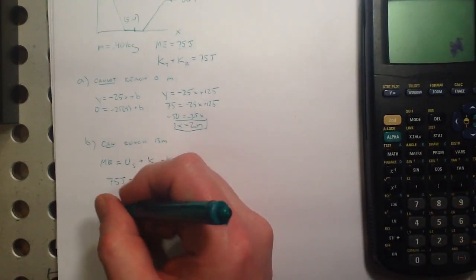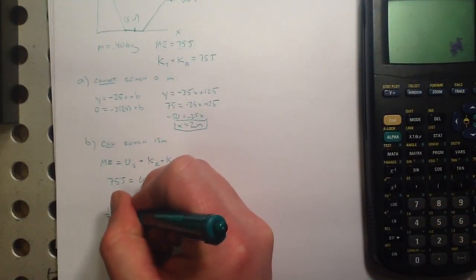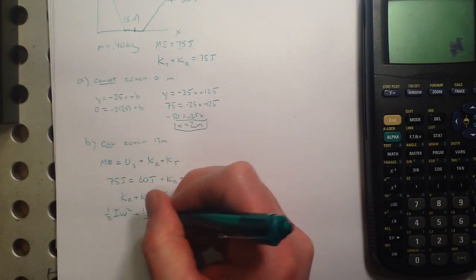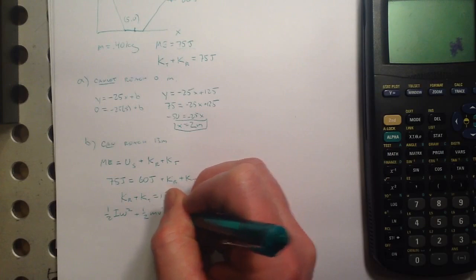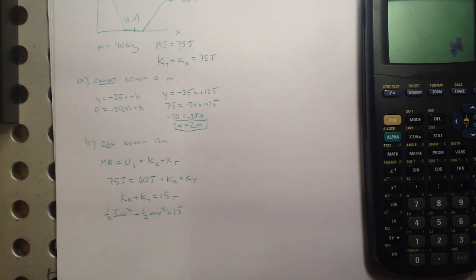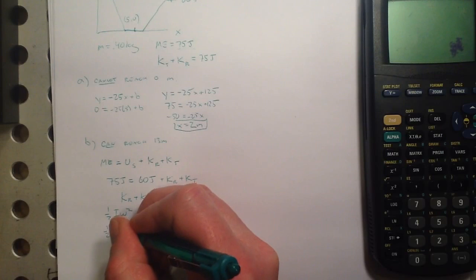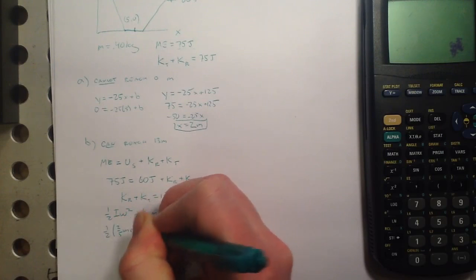Well, rotational, 1/2 I omega squared, plus translational, 1/2 m v squared, is equal to 15 joules. They told us that this is a uniform solid sphere, so that means we can use I equals 2/5 m r squared.